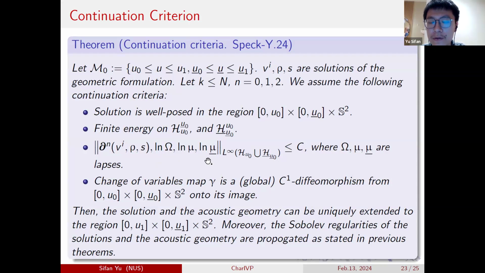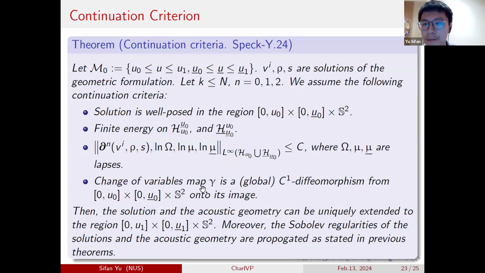We call these inverse foliation densities; they help you measure the difference between U and U bar to the Cartesian spacetime T. So basically, mu is 1 over BU, and mu bar is 1 over BU bar. B is a material derivative. So in our work, you need three lapses.